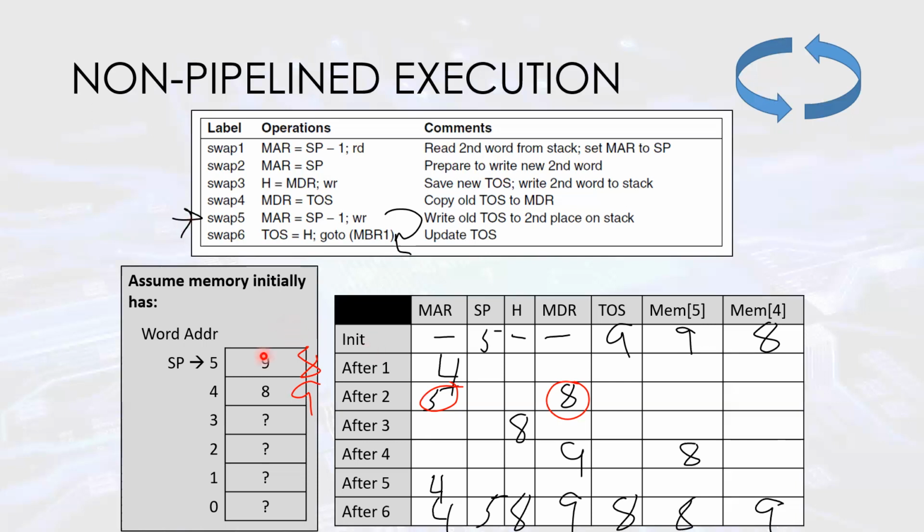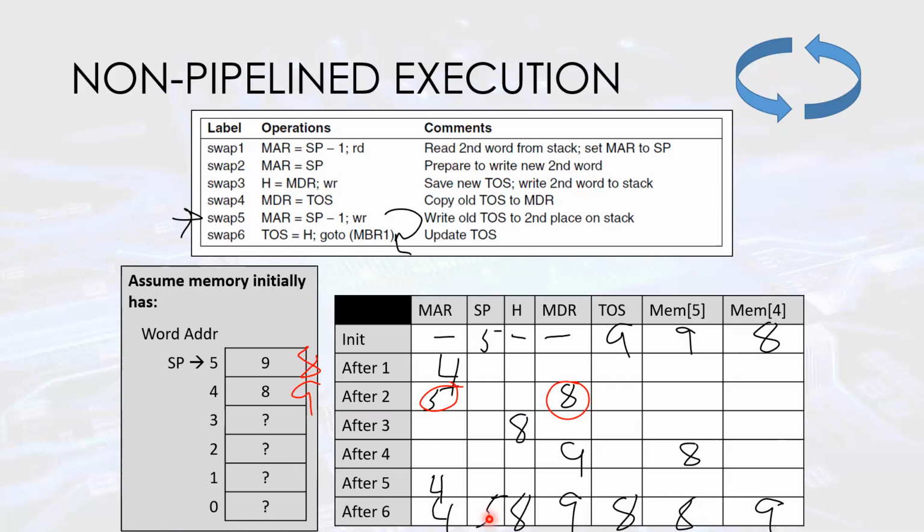Our main objective was, instead of having a 9 and an 8, to have an 8 and a 9. And we see that happen. We had a 9 and an 8, and now we have an 8 and a 9. And the other thing we need to keep a tab on is the stack pointer. The stack pointer should still be pointing at the same place, number 5, and we see that that's true.